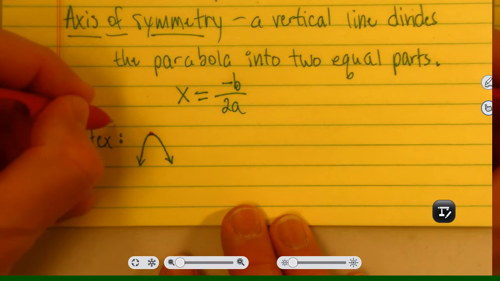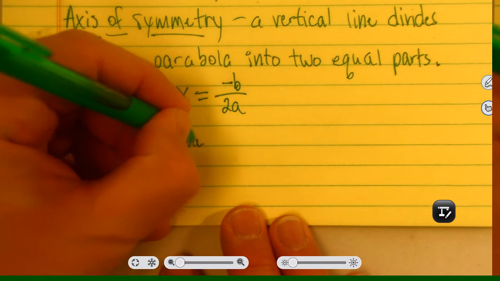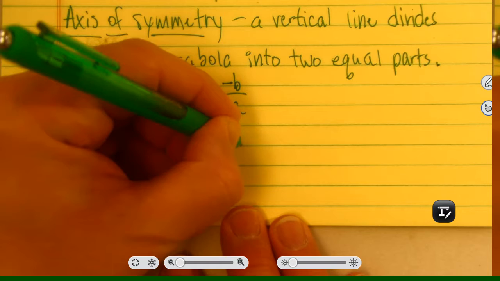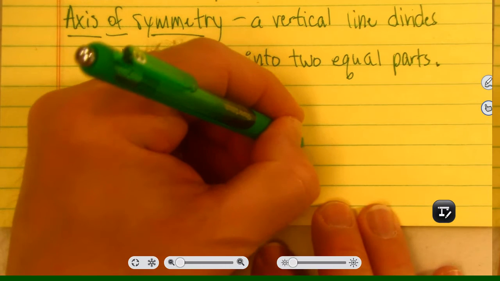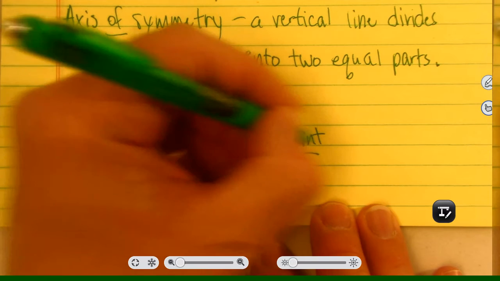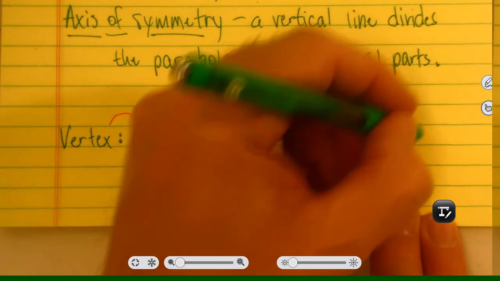That's the vertex. And it's a singular point. It's the turning point of the parabola.